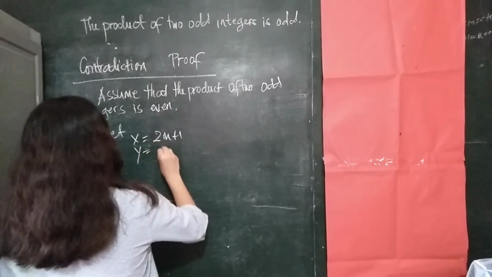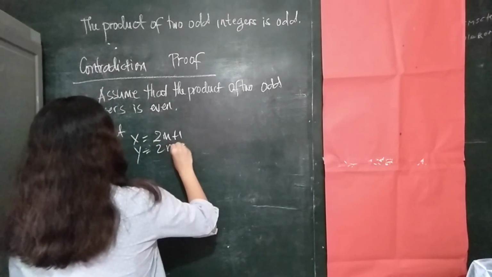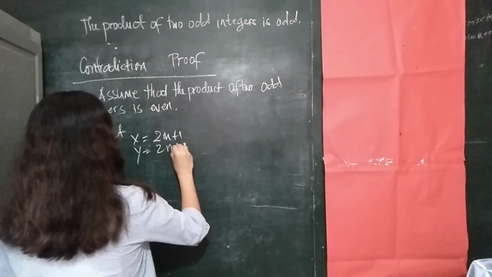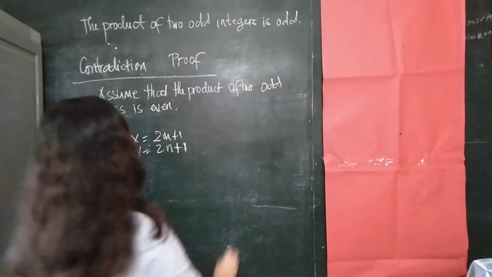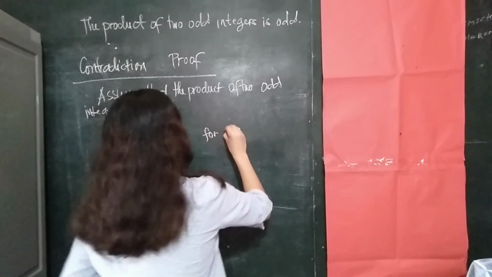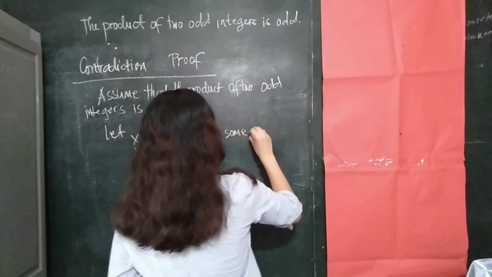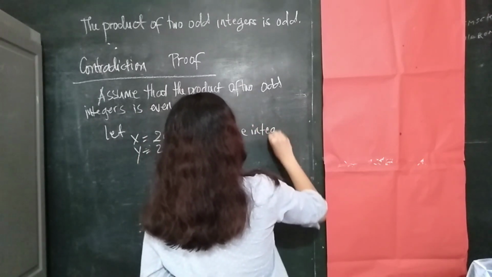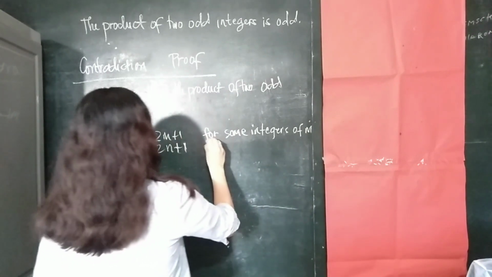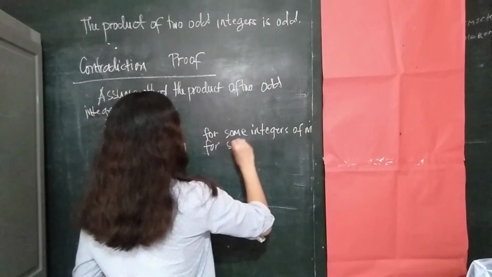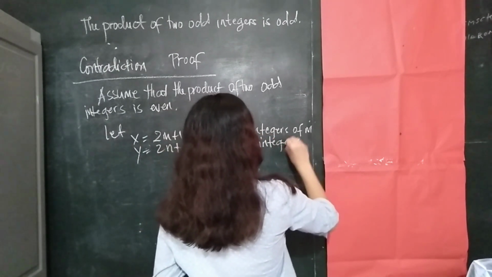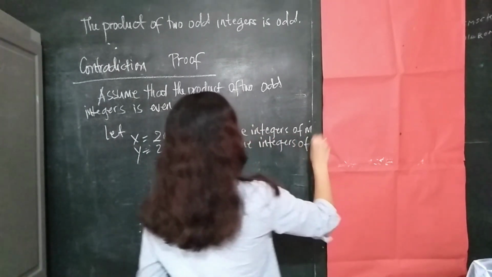So y is equal to 2n plus 1, for some integers of m, for some integers of n.